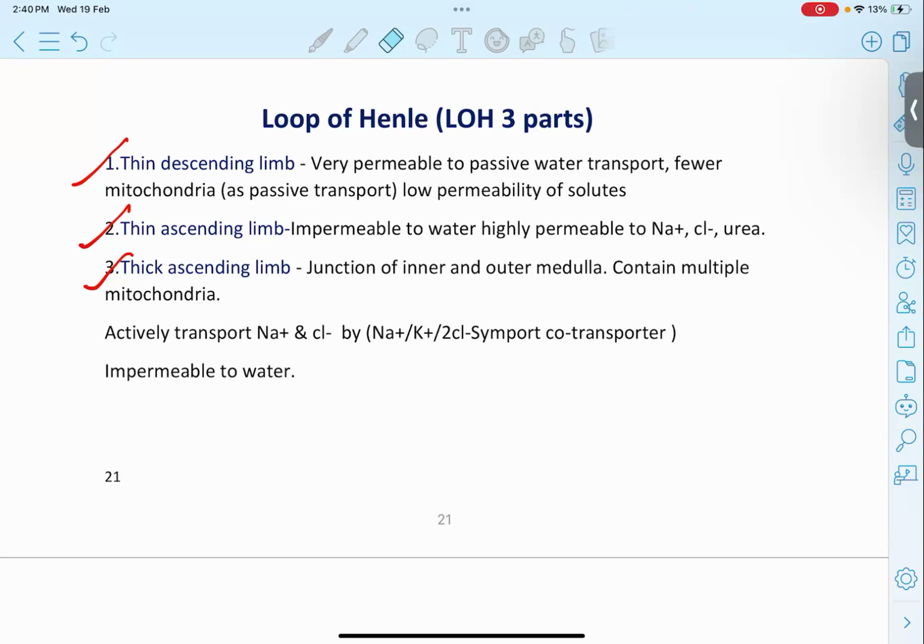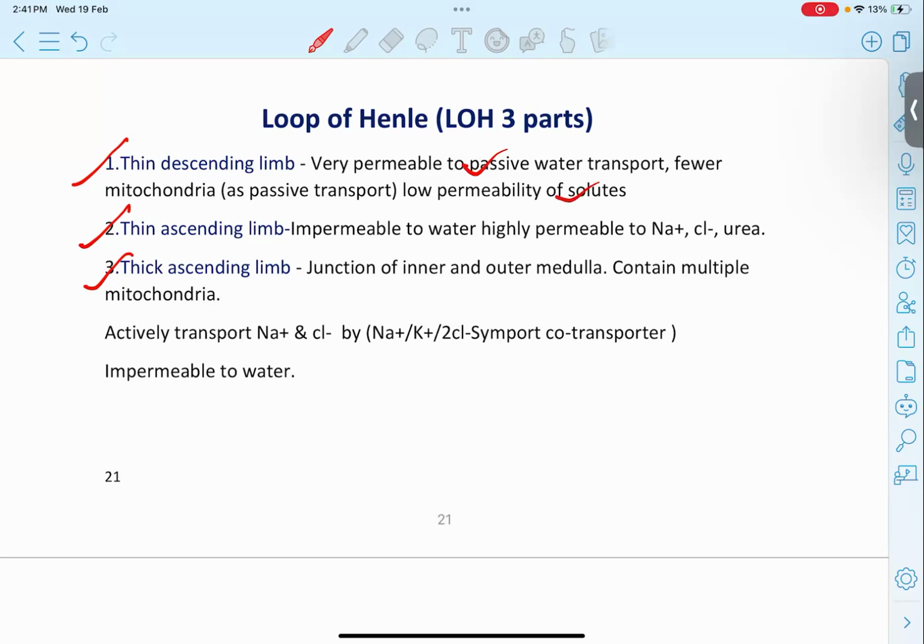Loop of Henle. So, the first part of the loop of Henle is the thin descending limb. It is very permeable to passive water transport, but it has few mitochondria, so no active transport happens, and this is why it has low permeability to solutes.